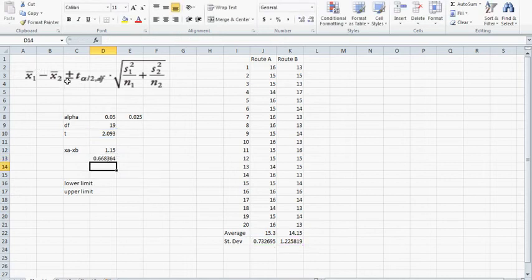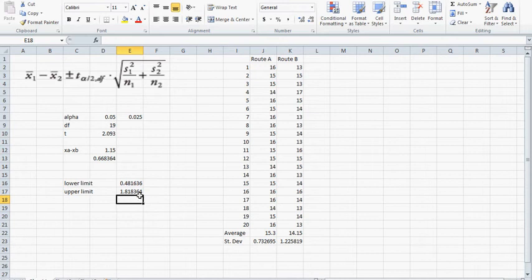So once we have that, we want to look at this plus this and this number minus this thing on the right, okay? And the lower limit will be this minus the stuff on the right, and the upper limit will be the difference plus the stuff on the right.